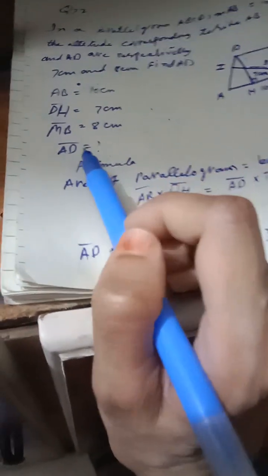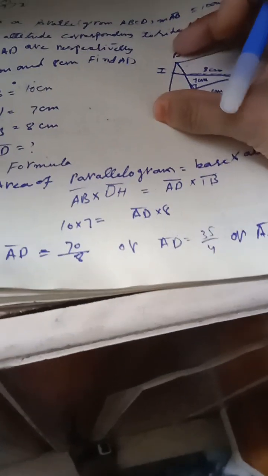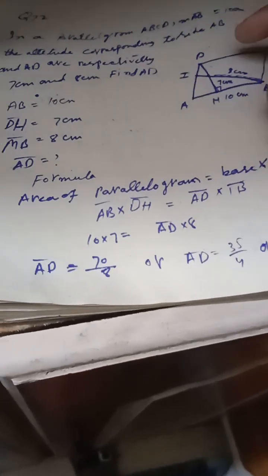AD is unknown. These are the altitudes from B and D respectively.